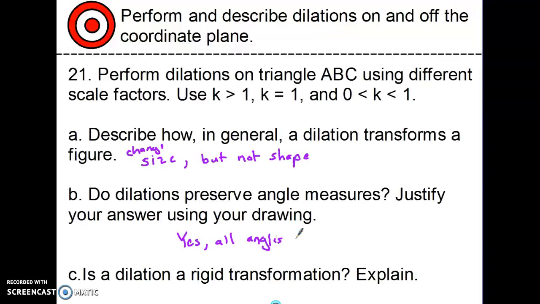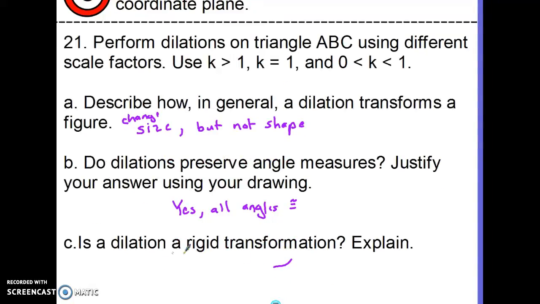That's how it keeps the figure the same. So it's the same shape because all the angles are the same size. Think of a square. If I dilate a square, it has 90-degree angles before it started and 90-degree angles after. Now even though it keeps angle measures the same, it doesn't necessarily keep the side lengths the same.